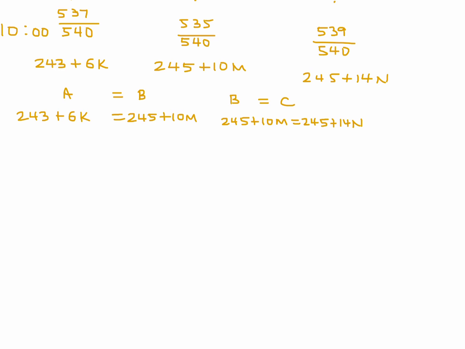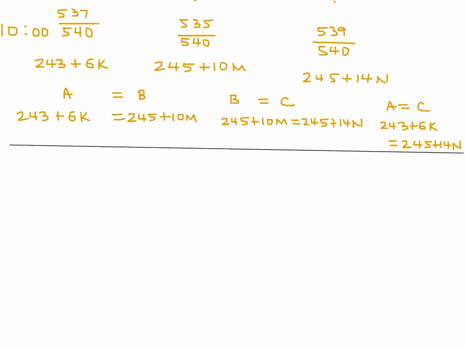And then one final comparison would be A equal to C, and that would be 243 plus 6K is equal to 245 plus 14N. All right, so let's do those three, and that should be sufficient to figure out our answer.